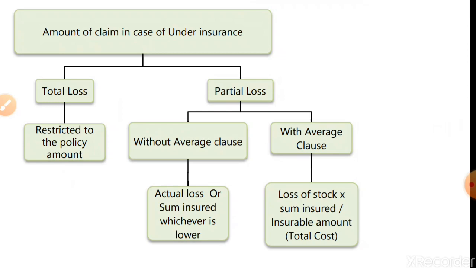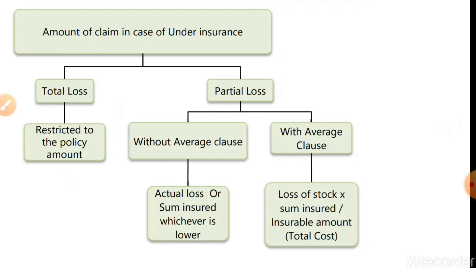Suppose you have 1,50,000 at your premises and you have taken a policy of 1 lakh, and the average clause is not applicable. In such a case, how much stock have you salvaged? 50,000 worth you have salvaged. How much have you lost? 1 lakh you have lost.